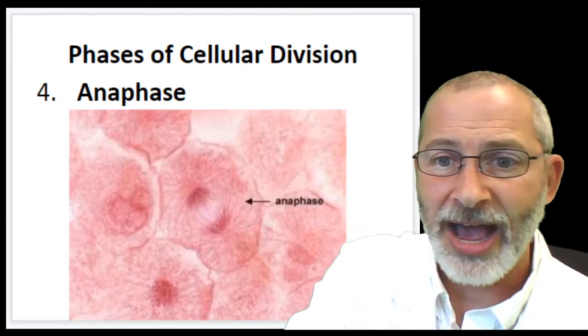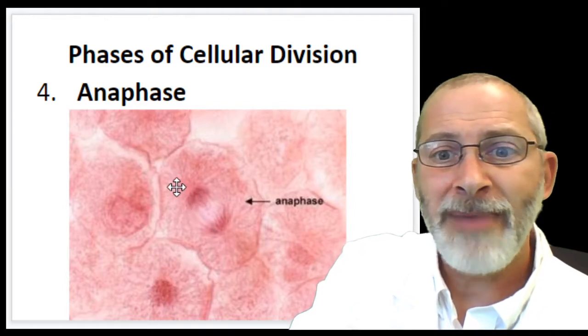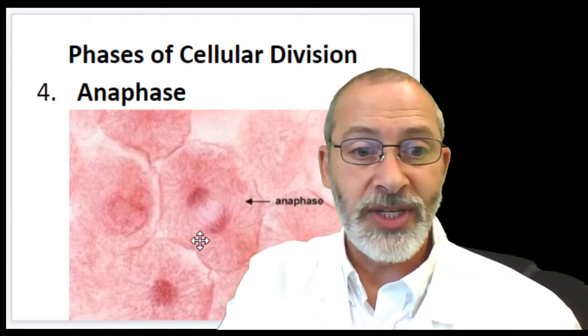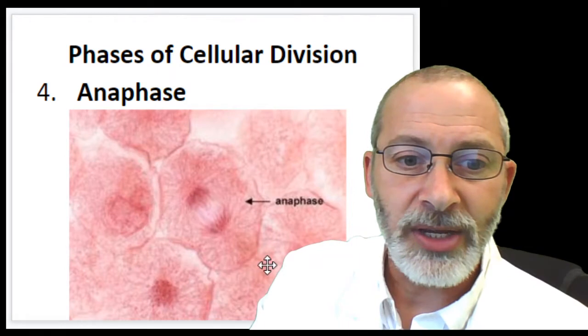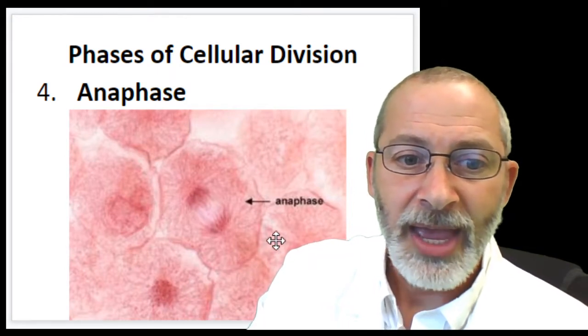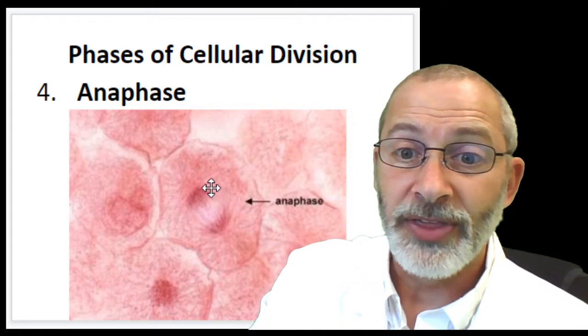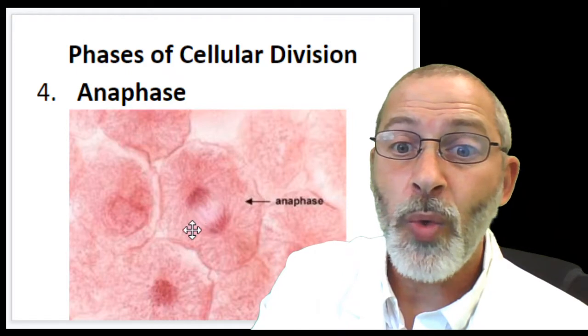And check this out. This is really cool, I think, because under magnification, and hopefully we'll see this tomorrow, Thursday, we'll see this under magnification taking place. You can see here's an example of a cell, and inside the cell you can see the nucleus with the chromosomes that have now moved away from one another.